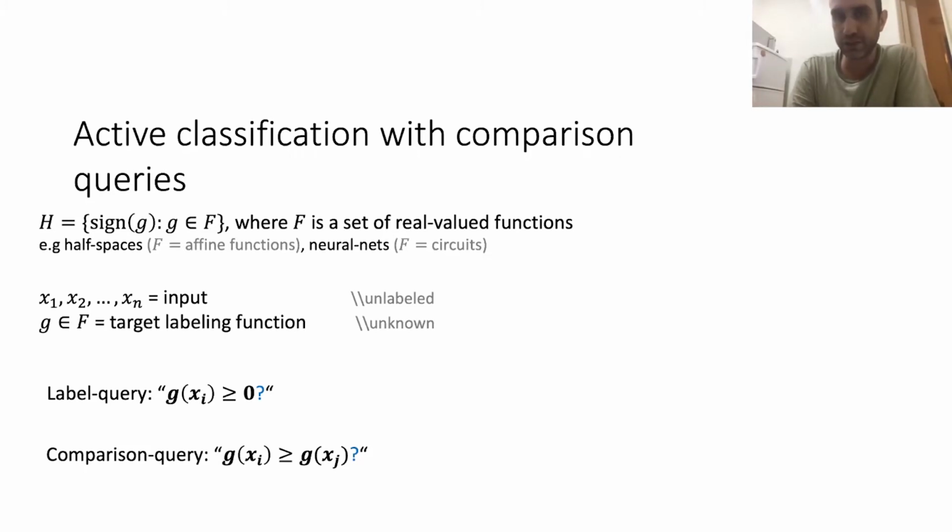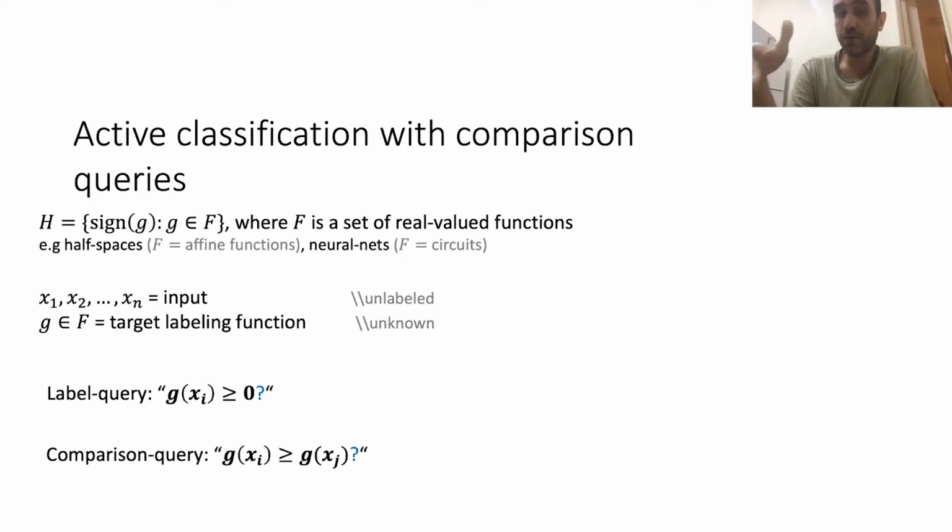So F is just affine functions, but F can more generally be polynomials or neural nets, you name it. The labeling function is just the sign of g, where g is in F. So H is a family of Boolean functions, plus minus one functions, obtained by taking the sign over a family of real valued functions.